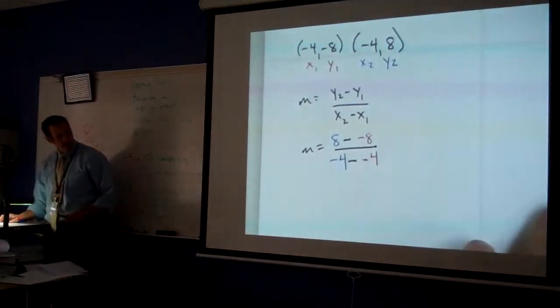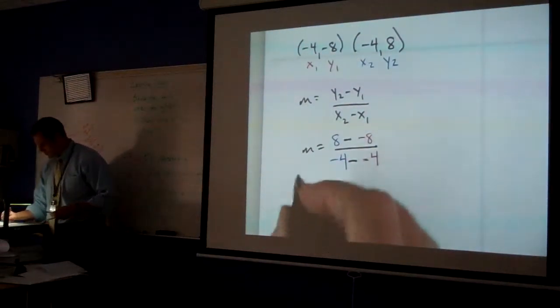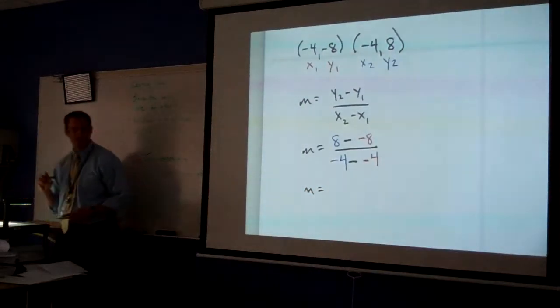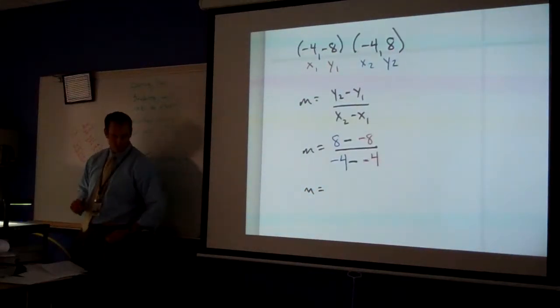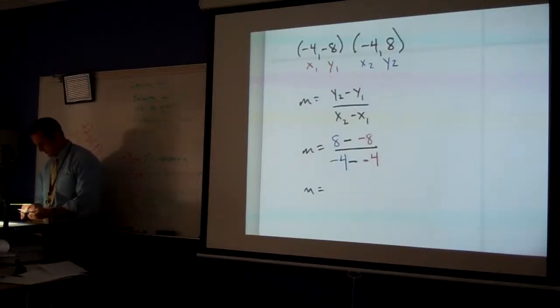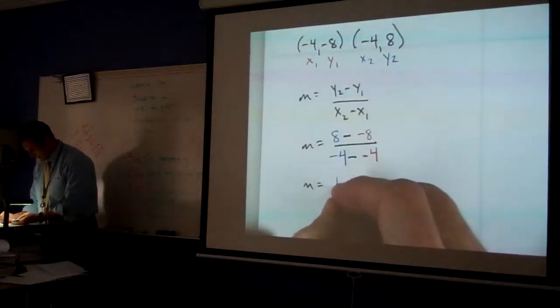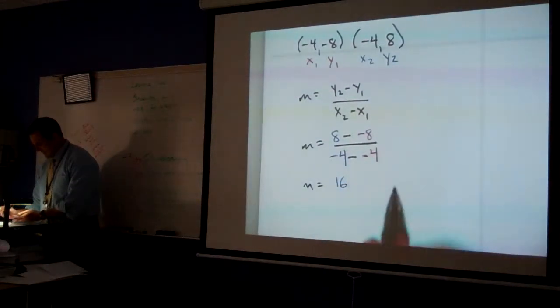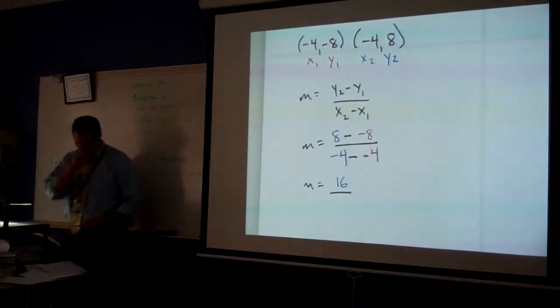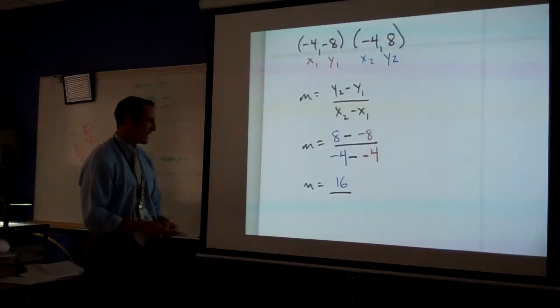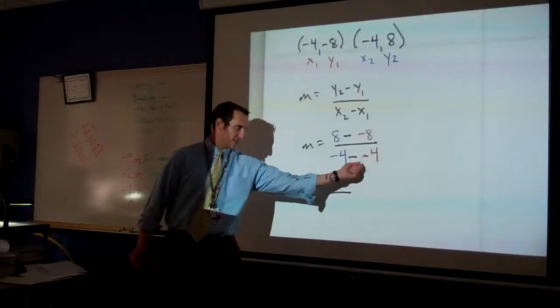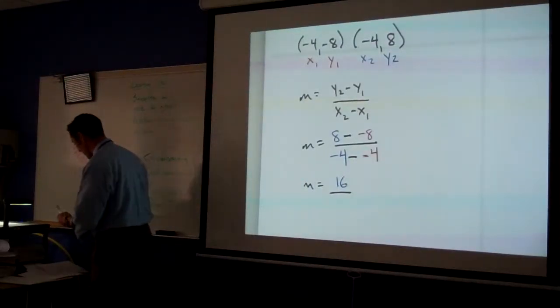So here's where you have to be careful subtracting. Make sure you remember how to subtract. In the numerator, 8 minus -8 is not 0. It is +16. In the denominator, -4 minus -4 is not -8. Minus a negative becomes a plus. That becomes 0.